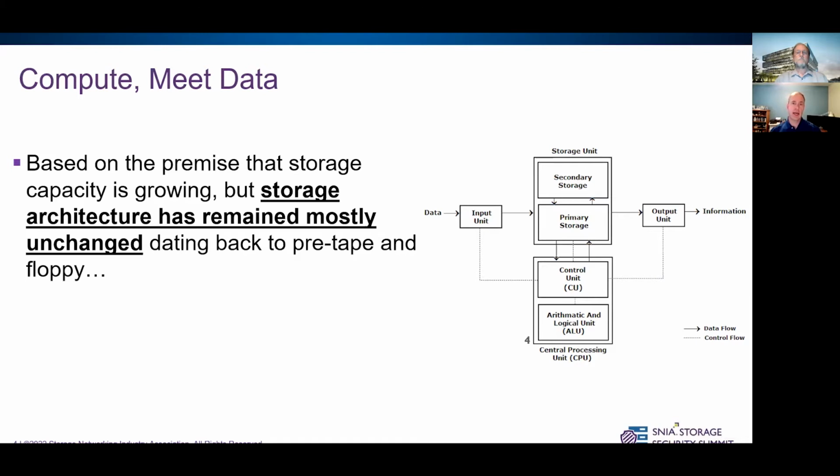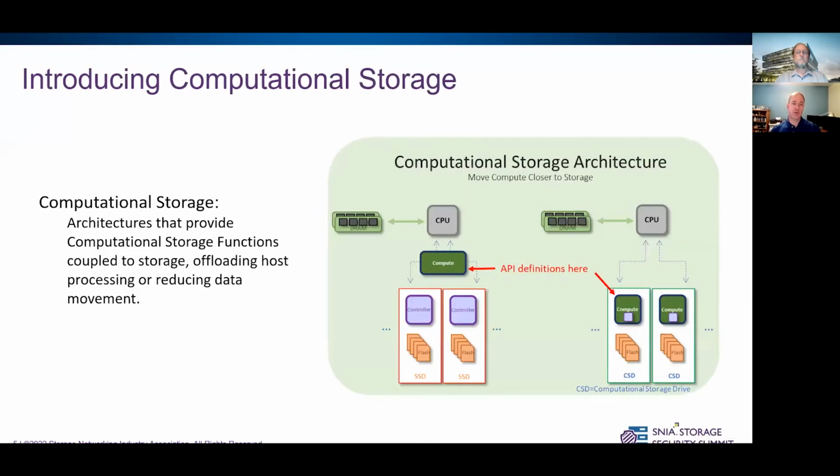If we go to the next slide, with computational storage, what we would like to do is offload the host or reduce data movement from that traditional storage model. Taking a look at this diagram on the right-hand side, there are two sub-diagrams. Starting with the left-hand side, you'll notice that there is a compute level inserted between the host CPU and the traditional storage device.